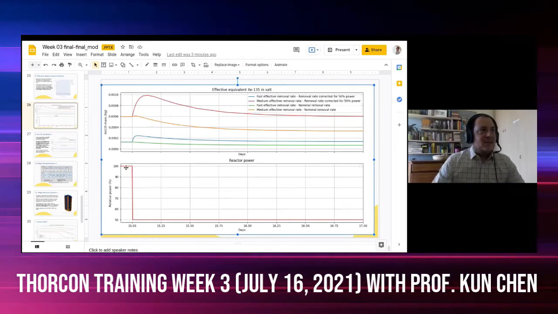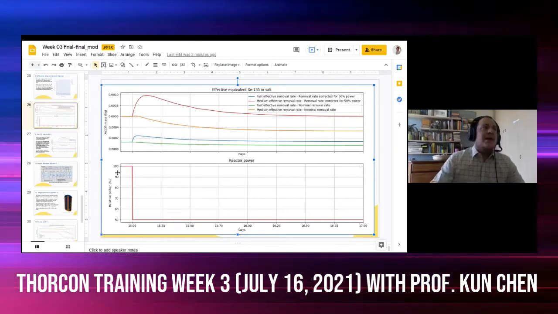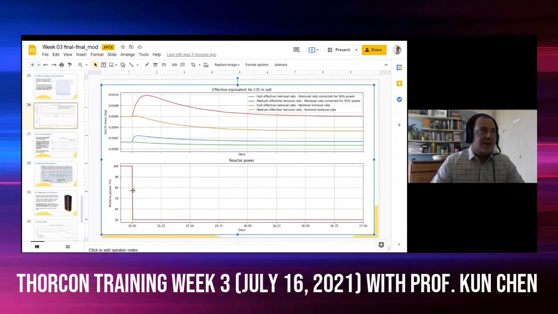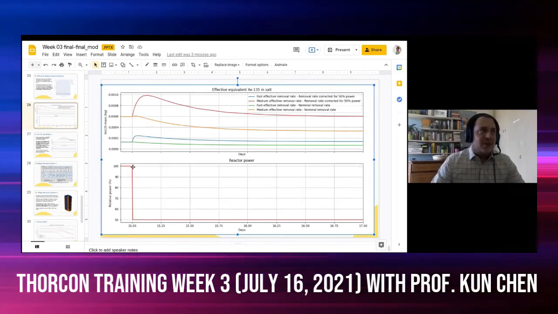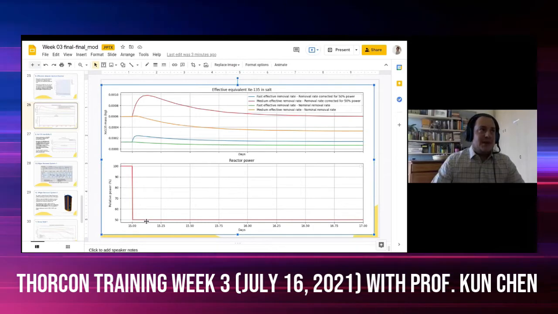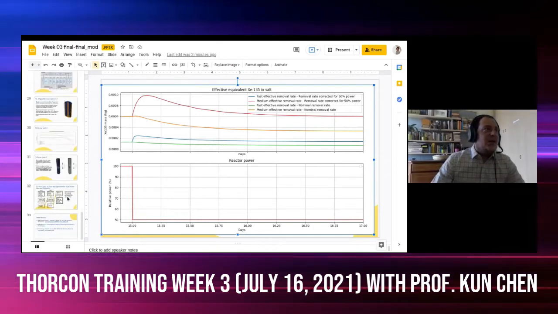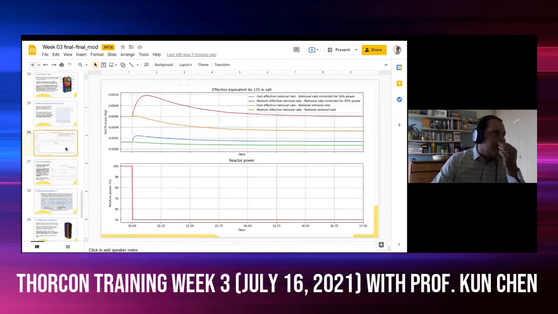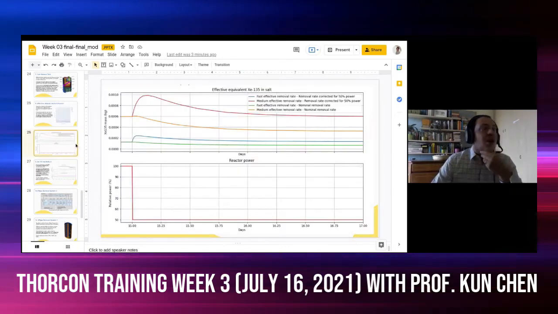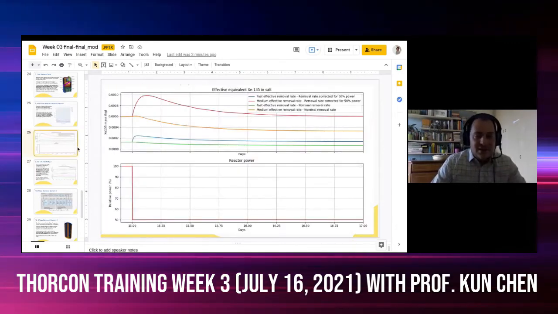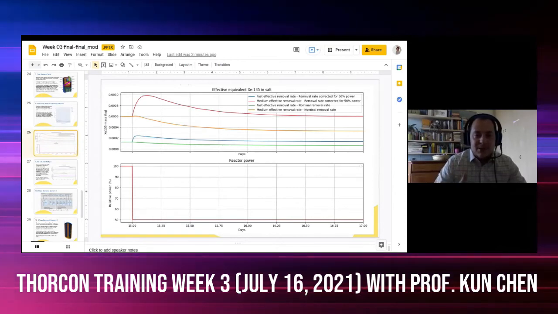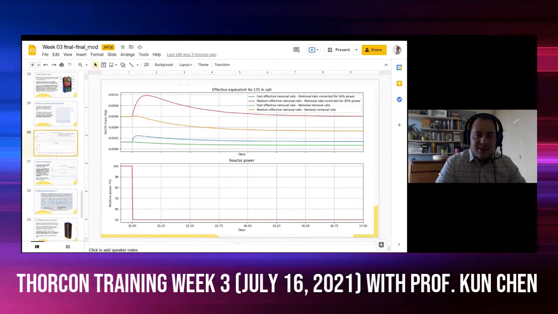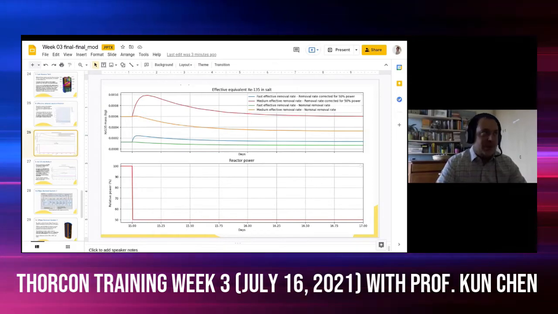Let's see what happens when we drop the power virtually instantaneously at day 15 from 100% to 50%. What happens in this case, as you can imagine, is that the production of iodine is dropped from the equivalent equilibrium values at 100% to the 50% value.